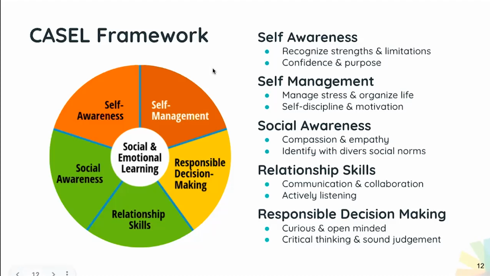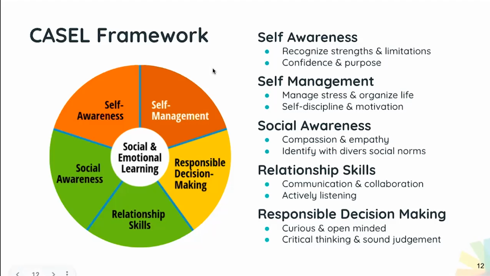I think it's cute. The next one is relationship skills, and talking about that communication and the collaboration and actively listening. You know, I love when a student says to me, "Yes, I'm listening to you," but their head is down and they're twirling their hair or whatever. So teaching that active listening.